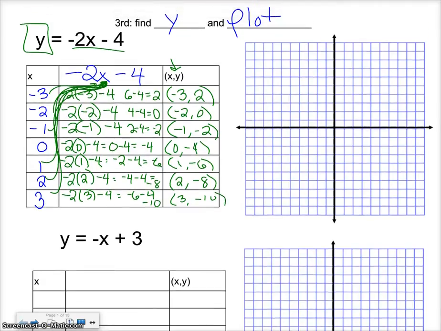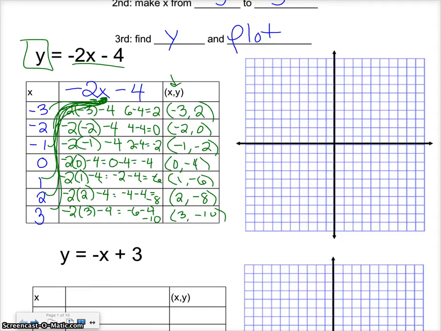So now you've got to plot it. You plot all these points, and then you connect them and turn it into a pretty line. My x is -3, y is 2. That's that point right there. (-2, 0) is my next point. So x is -2, y is 0. That's right there.